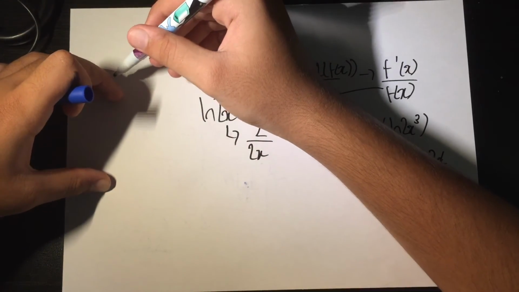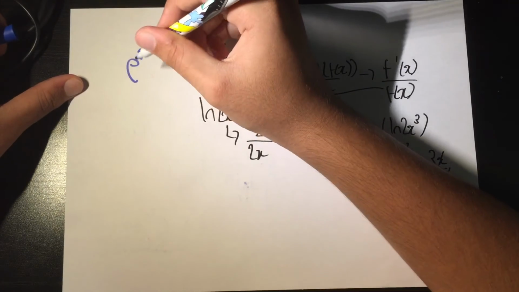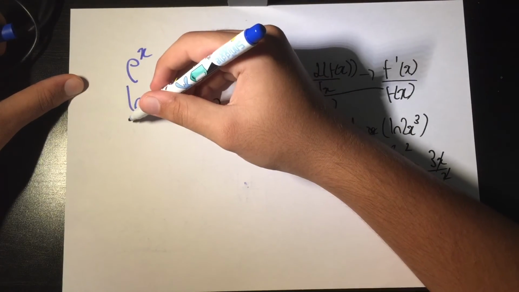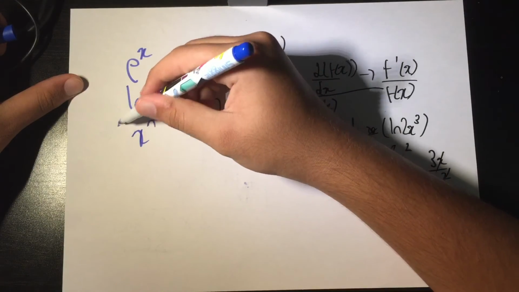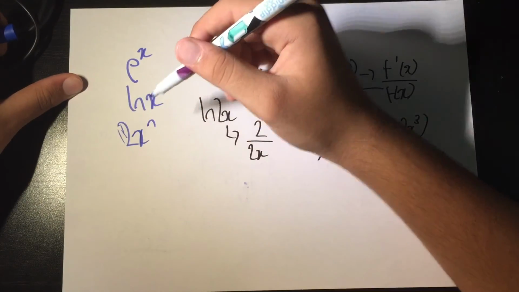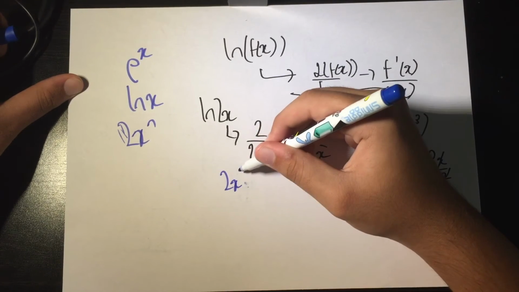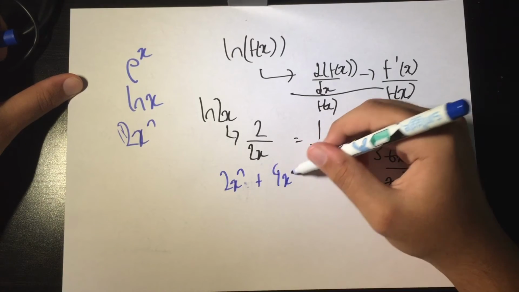So we've learned how to differentiate e to the x. We've learned how to differentiate ln x. We've learned how to differentiate x raised to any function multiplied by any constant, etc. And oh, small note, if you want to differentiate a function 2x to the power of n plus, suppose 4x to the power of n.